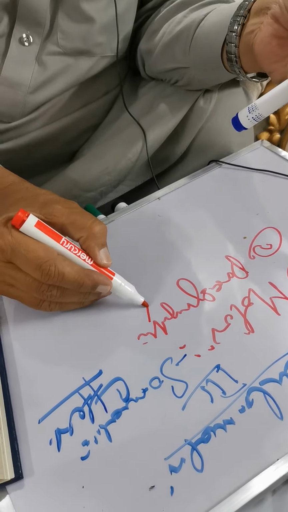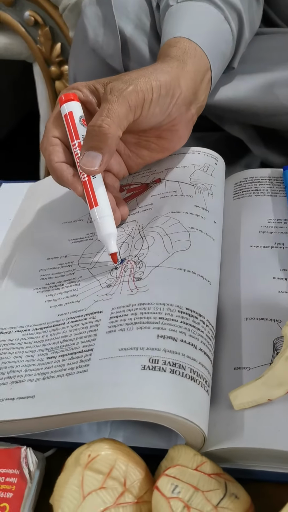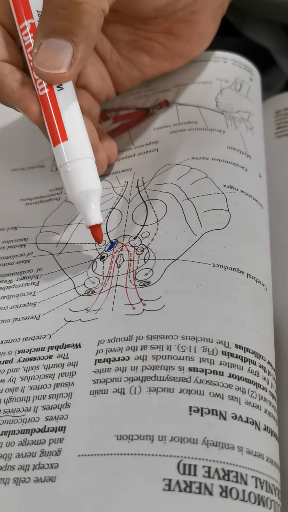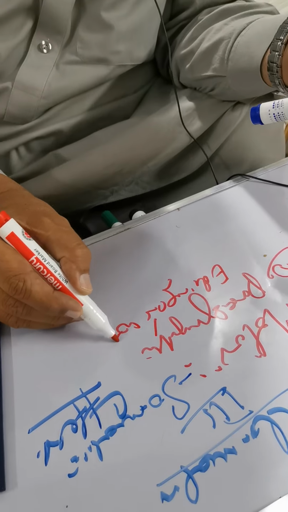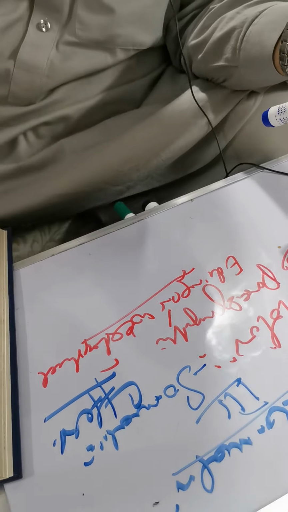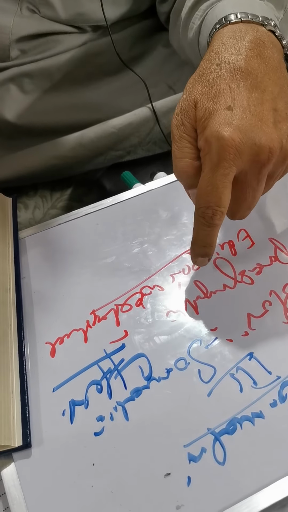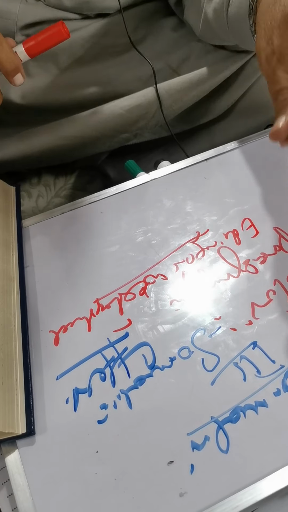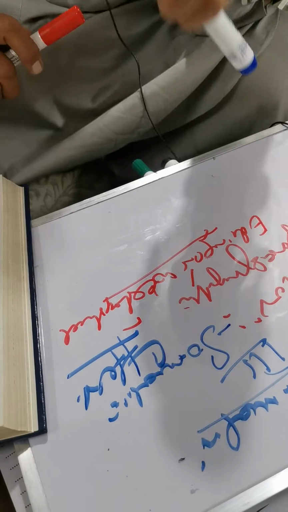And the parasympathetic nucleus, which lies just posterior to this motor nucleus, is also called the Edinger-Westphal nucleus. The cells present in it are parasympathetic in function. The cells present in the motor nucleus are somatic motor in function.